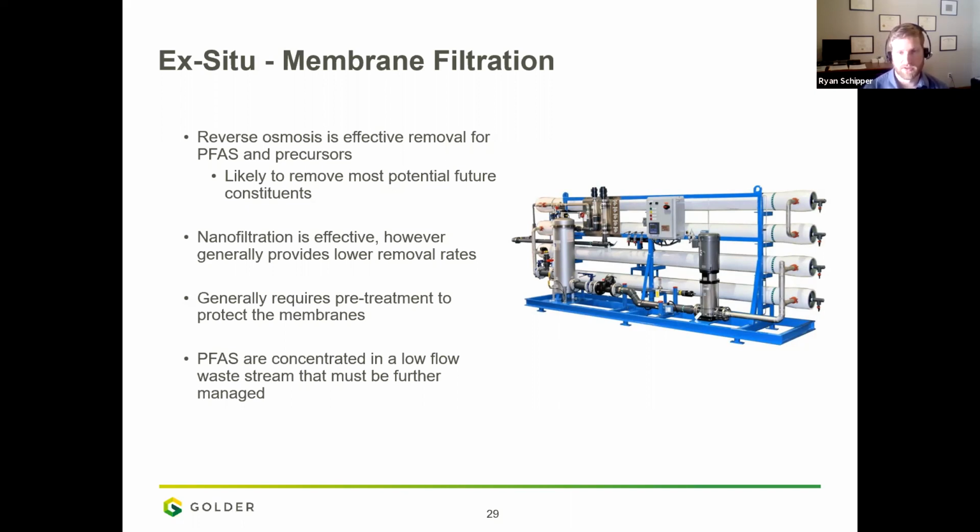There are some systems that can treat water with significantly less pre-treatment, but generally with RO you're going to require a significant amount of pre-treatment before you send water to the membranes. And the other one is, okay, that's great, we created a very clean permeate stream, but now we have a concentrated brine where we've put all of the PFAS in this smaller, lower volume stream. And now what do we do with that?